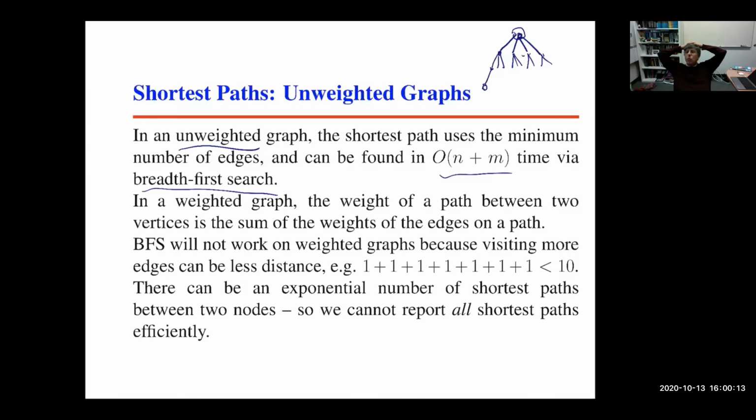If I ask you what's the best way to drive from here to that store in Bolivia, using the smallest number of turns, that would be a breadth first search, wouldn't it? Because basically every time I want to make a turn, I would have to get off the road. So finding the smallest number of hops is BFS.